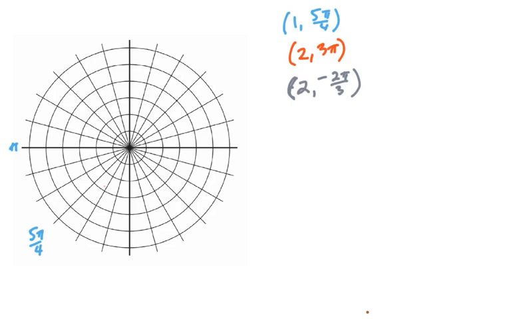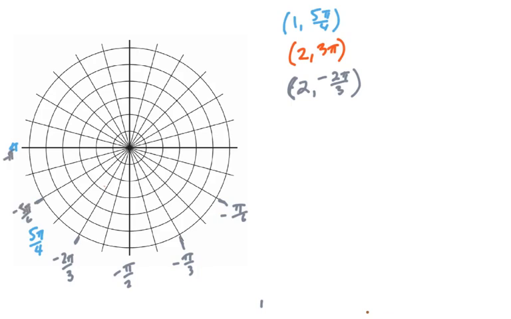I have to think it through. So this would be pi over 3. This would be pi over 6. And this would be 2 pi over 6, which is pi over 3. Negative. And then we have negative pi over 2. And we have negative 2 pi over 3. And then this would be negative 5 pi over 6.